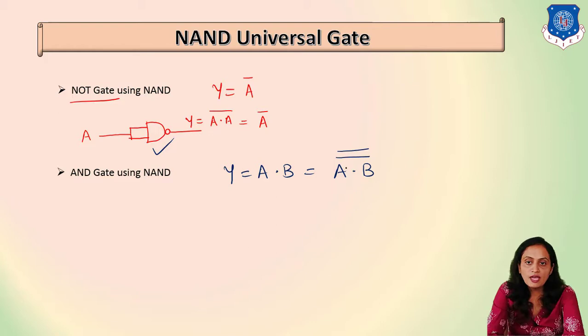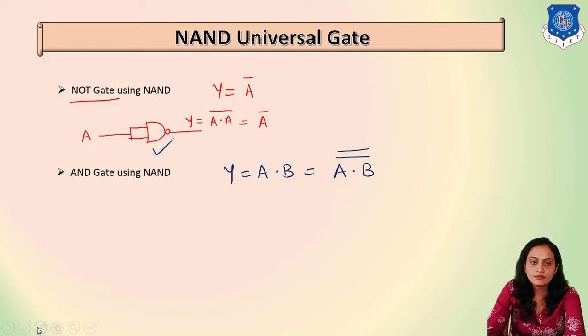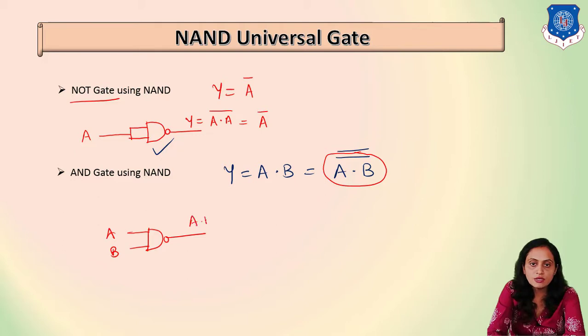So this operation is the NAND operation, and for that I put one NAND gate with inputs A and B, giving A dot B whole bar, and then one more inverse or NOT gate is to be placed.